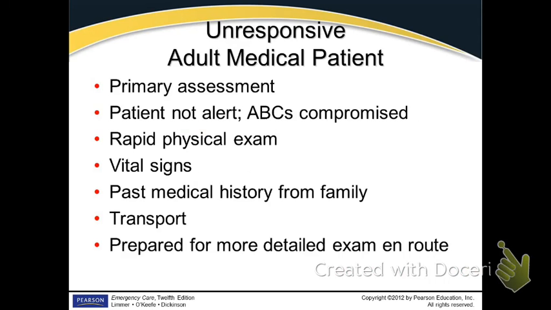Well, a radial pulse tells you that the patient has at least a systolic pressure of 80. So you know they have somewhat of a decent blood pressure if they have a radial pulse. So the past medical history is a little bit harder.